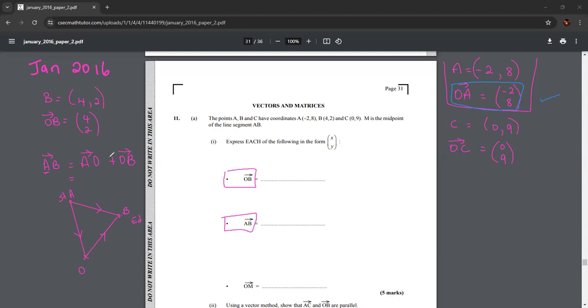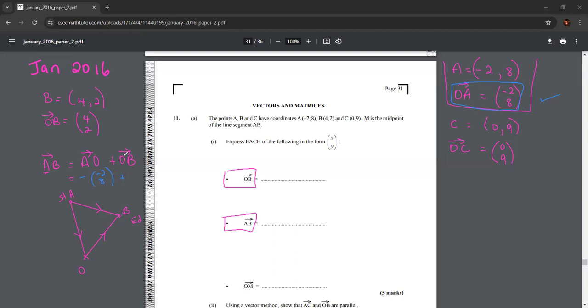AO is actually the reverse of OA. It's the opposite direction, and anytime you have an opposite direction, it's going to be the negative of the vector. So AO will be the negative of OA, so it will be the negative of that vector, -2, 8.